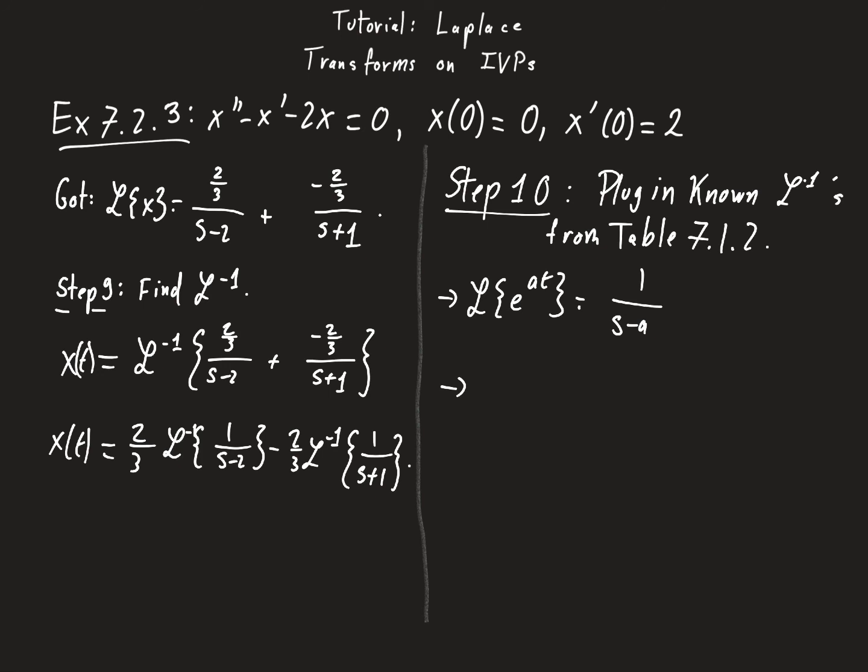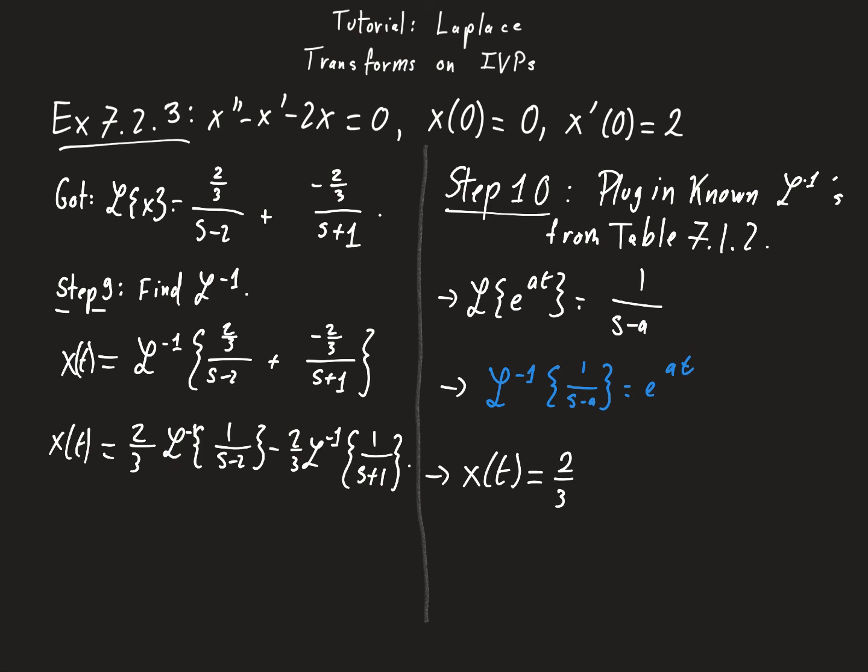In other words, and maybe I should do this in a different color, I'll use blue here. In other words, the inverse transform of 1 over s minus a is equal to e to the at. So using this, finally, after all this work, we get that x of t is equal to 2/3.